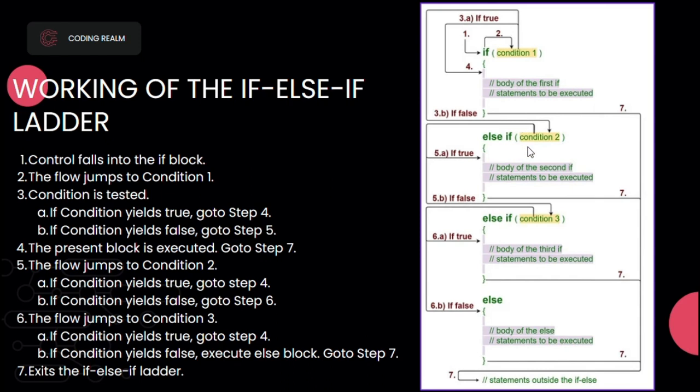If this condition is true, the block is executed and the program exits. If it's false, I need to go to a new condition, condition number 3. If this condition is true, the statement is executed and the program exits. If it's false, I use the else block with a new statement and the program exits. That's all about the if-else-if statement.